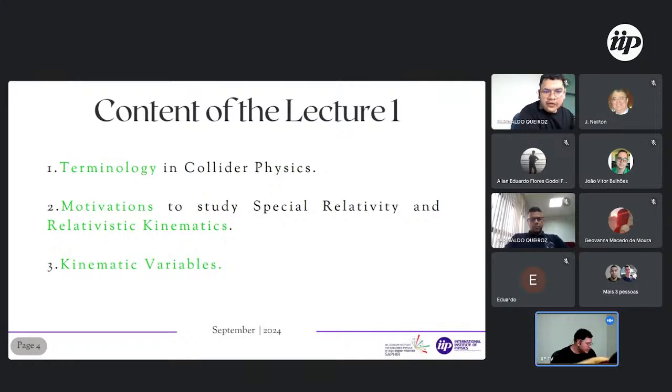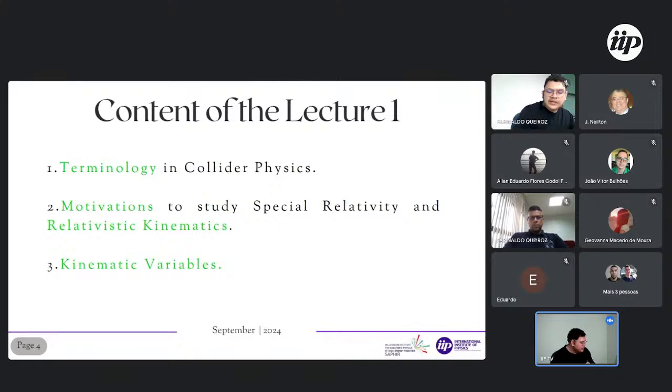In the second part, my work is to motivate the study of special relativity and relativistic kinematics, because in particle colliders the collisions occur at a high energy scale, so it's necessary to understand some concepts related to special relativity. And finally, we are going to do calculations from mathematics to derive some kinematic variables that we are going to implement in our algorithms. There are 5 or 6 lectures.